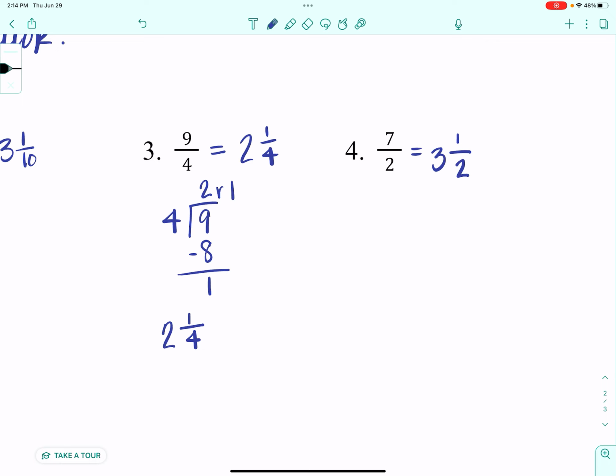If you want the whole thing divided out, this is what it would look like. 3 times 2 is 6. When I subtract 6 from 7, I get a 1. So my whole number part goes there. My remainder becomes the numerator, and the denominator stays the same.